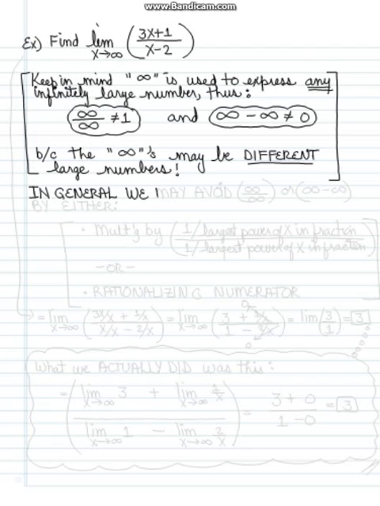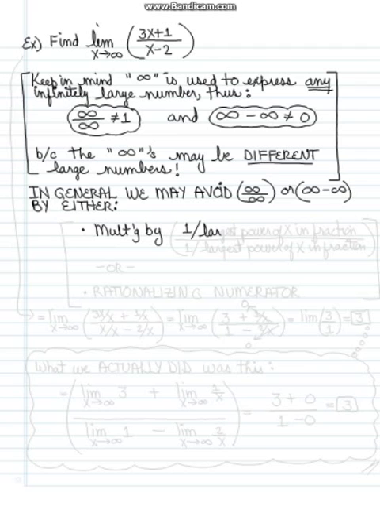In general, we may avoid this idea of infinity over infinity or infinity minus infinity by doing either of these things when you're taking a limit. The first thing you might try is an algebraic method of resolving the issue.